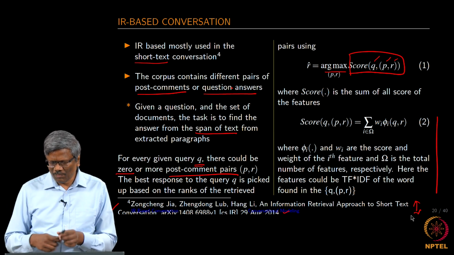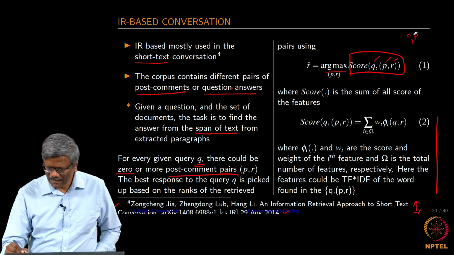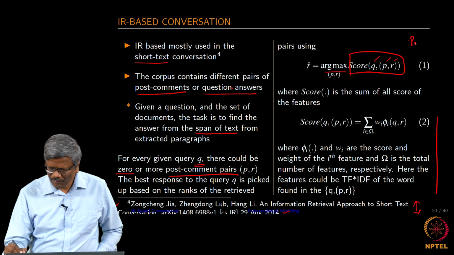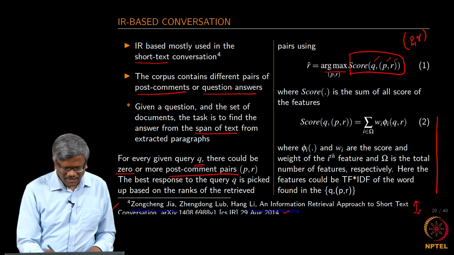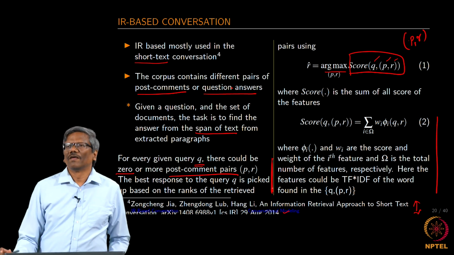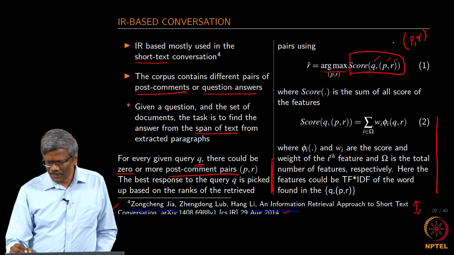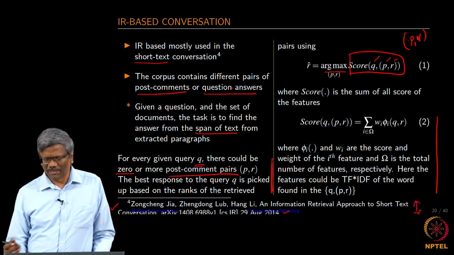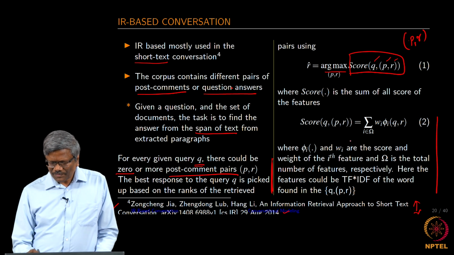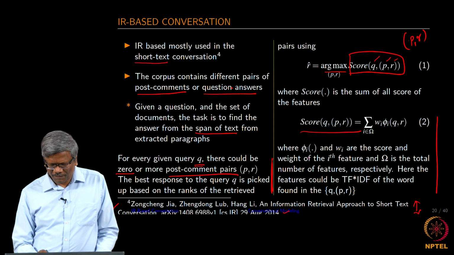So, if you have more of these pairs based on this retrieval model, you try to find the score for each of them using some scoring mechanism. And then the scoring mechanism is defined as follows.